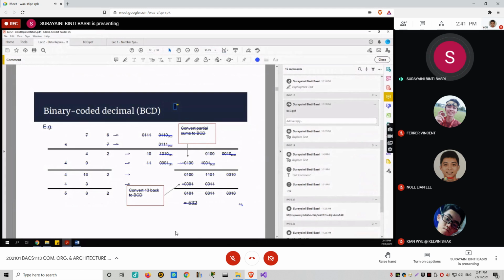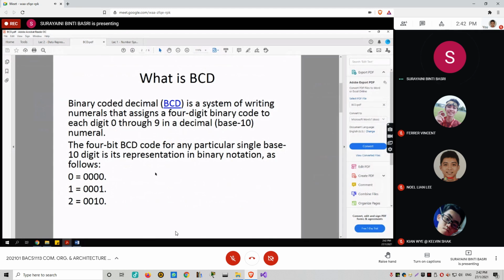Okay, so this is how you convert the binary number to BCD. This is not decimal to BCD. Given the binary number, you need to convert it to decimal. So this is how.